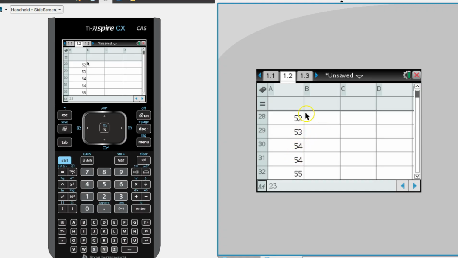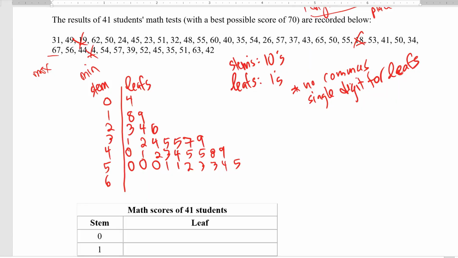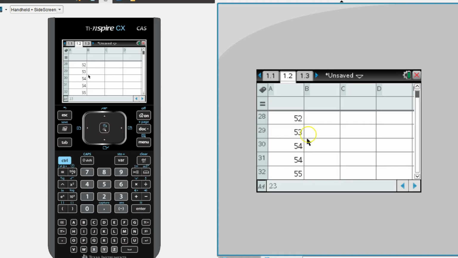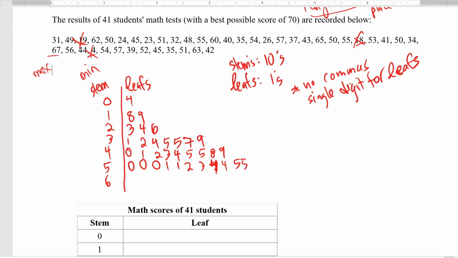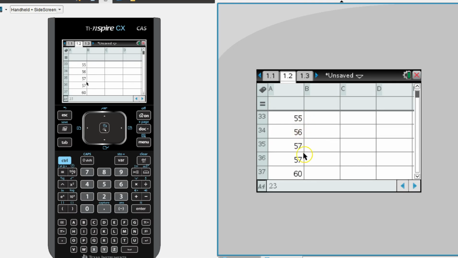Nope, there were two 54s, so let me fix that. 53, 54, 54, 55. Okay. Oop, another 55, 56, 57, 57. So 5, 6, 7, 7.